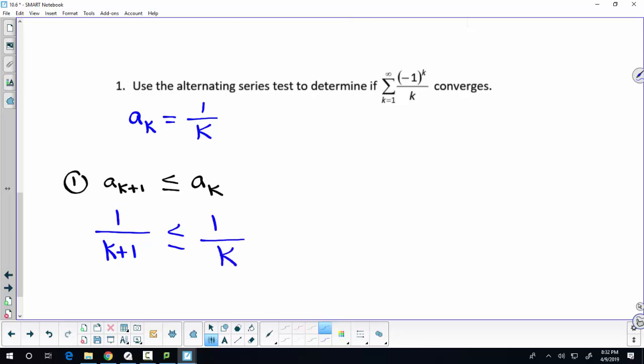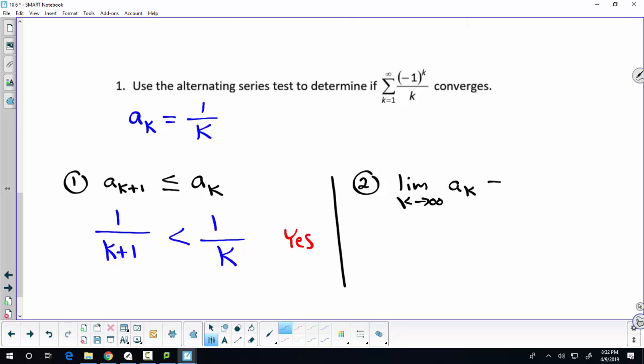Yes. We know it's not equal, so it's not necessary to put that. Okay, so the first condition of the alternating series test is satisfied. For the second condition, we have to look at the limit as k approaches infinity, and for convergence, that limit has to be 0. So the limit as k approaches infinity of 1 over k certainly equals 0.